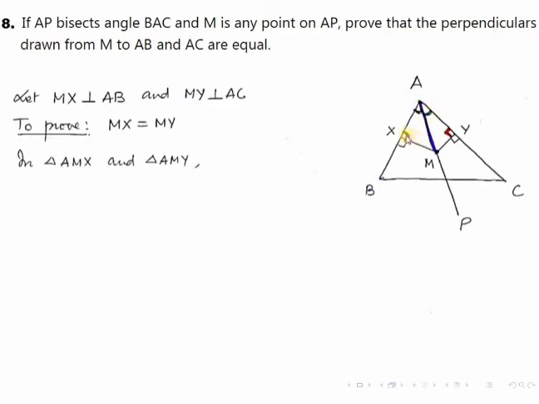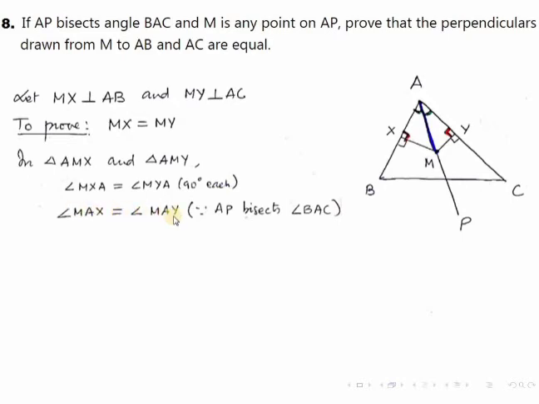So what is happening here? Look at the sequence: angle, angle, side, right? So we have MXA equals MYA, which is 90 degrees each. MAX equals MAY because AP is the bisector of angle BAC. That is, they are talking about this angle, and one side is common, right?